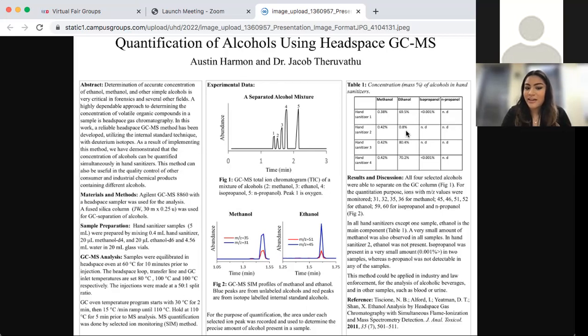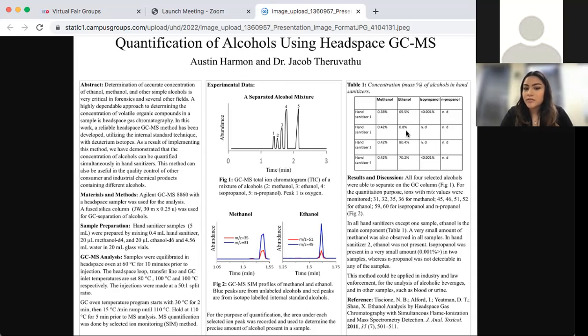So you were saying that you isolated them. Right. We decided to use a Headspace sampler to take a sample. What the Headspace sampler does is it takes a sample of just the vapor of the hand sanitizer. You know how hand sanitizers have a very strong smell? A Headspace sampler just takes the vapor of the hand sanitizer.